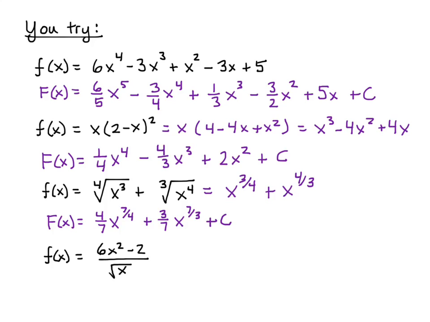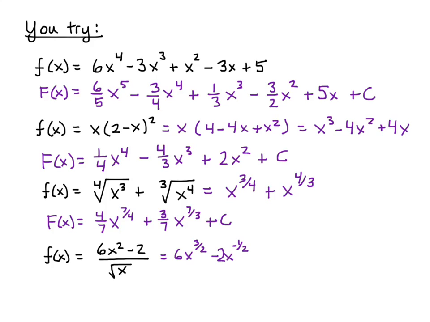The simplification first. I got 6x to the 5 halves minus 2x to the 1 half. I think I dropped my 2 there. In fact, you got it right. I didn't. So let me make a correction here. So this was a 2, right?